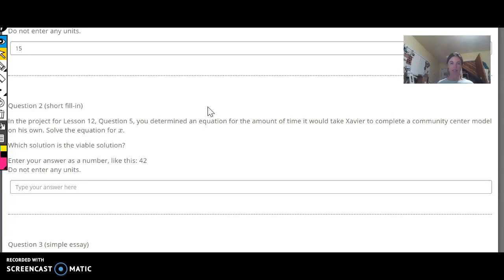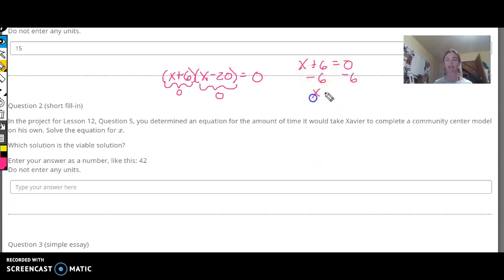And in that one, we had x plus 6 times x minus 20 equals 0. All right. Again, we want this quantity to equal 0, and we want this quantity to equal 0. So x plus 6 equals 0 when we subtract 6 from both sides, and x is negative 6.